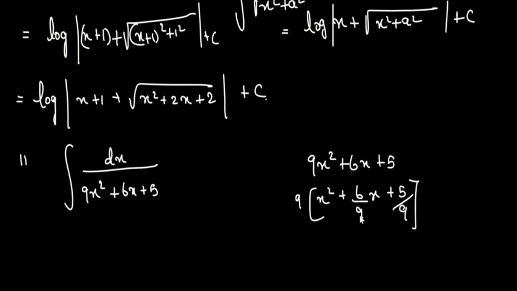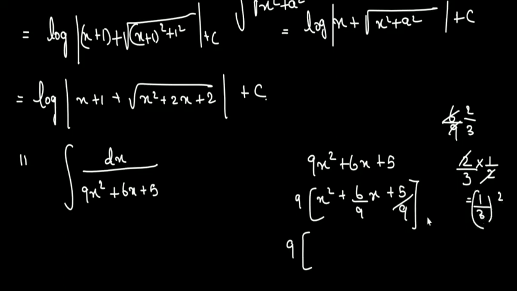Now we have to add and subtract a constant here. What to add and subtract? 6 by 9 is nothing but 2 by 3, so the coefficient of x is 2 by 3. Take half of the coefficient of x, which is 1 by 3, then square that, so 1 by 3 the whole square.